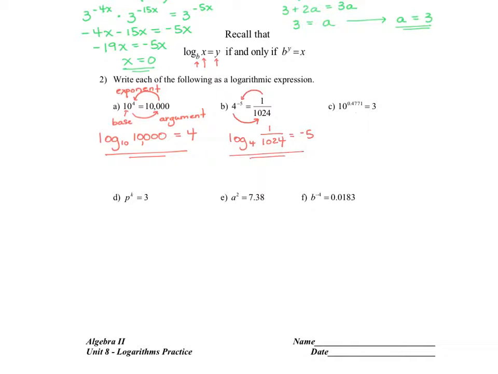And I'll just keep going. Log base 10 of 3 is equal to 0.4771.